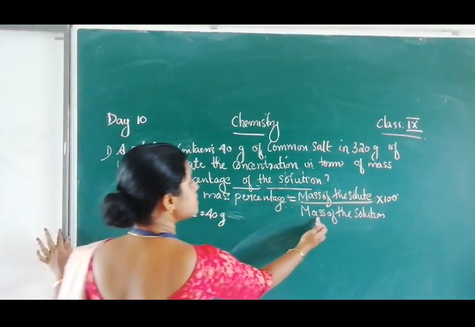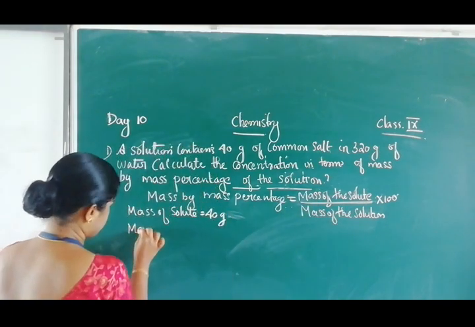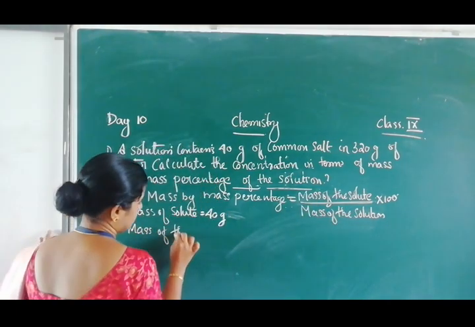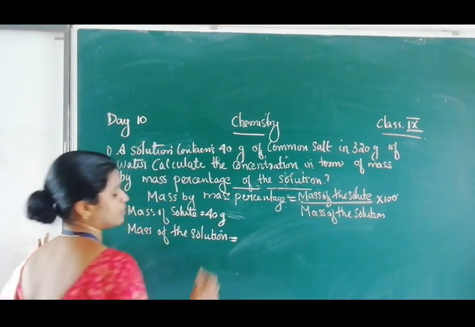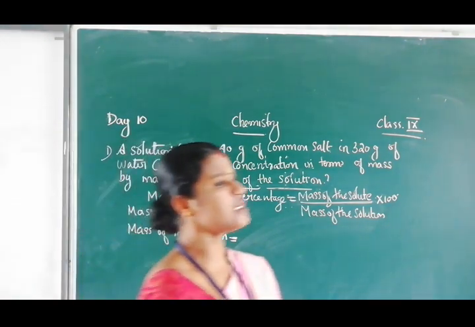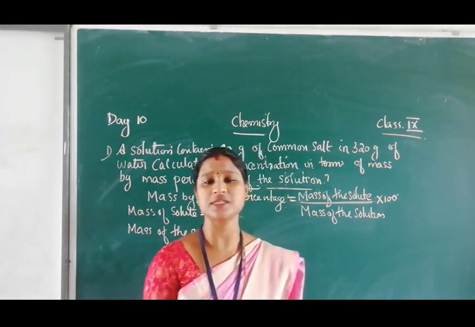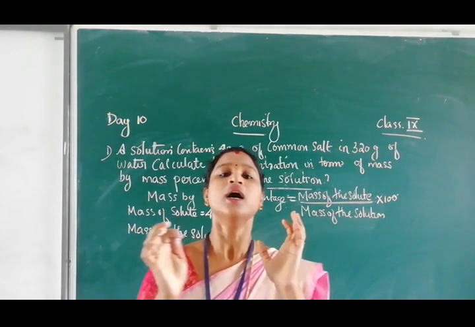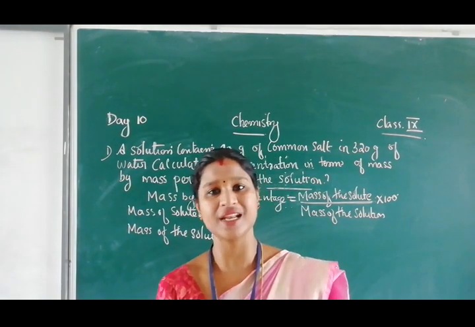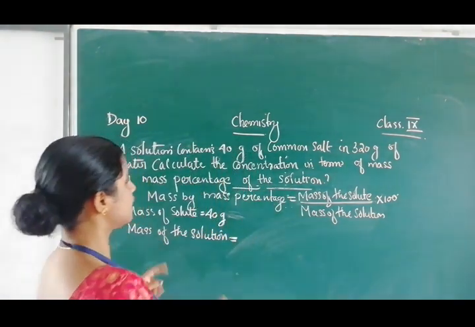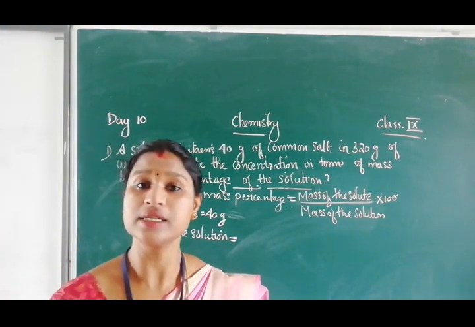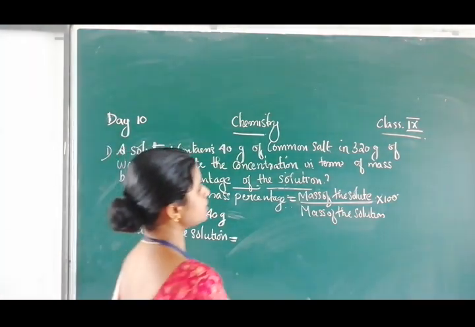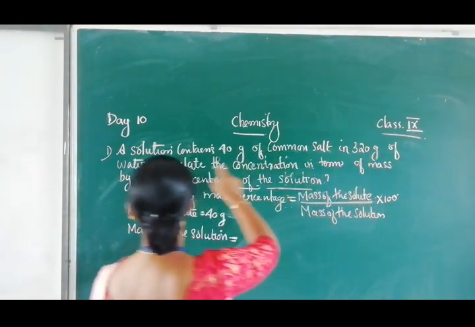Then the next one is the mass of the solution. Mass of the solution means, as you all know, the solution comprises a solute and a solvent. Look over here. 40 gram of common salt is the mass of solute, which dissolves in 320 gram of water.